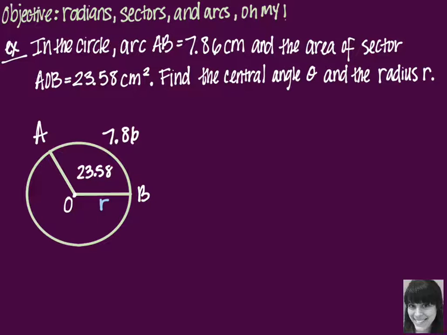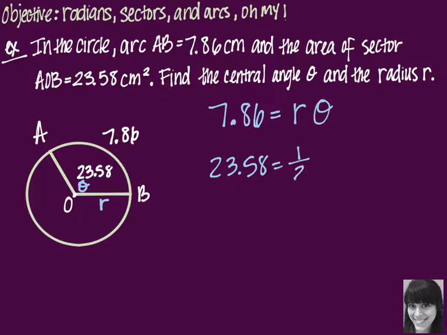So we want to find r and theta. You have 2 unknowns, but you also have 2 equations. The arc length 7.86 is equal to the radius times theta, and your area 23.58 equals 1/2 theta r squared.